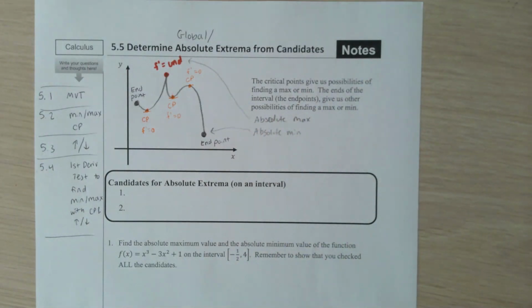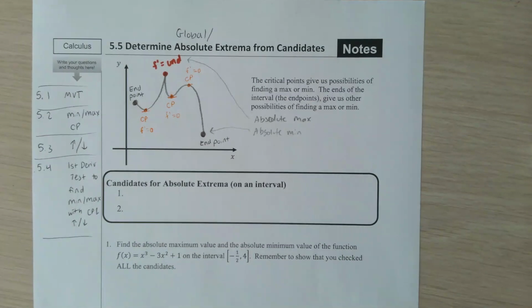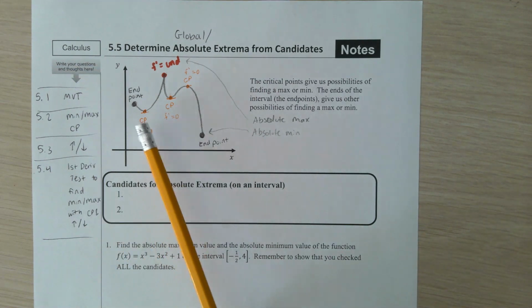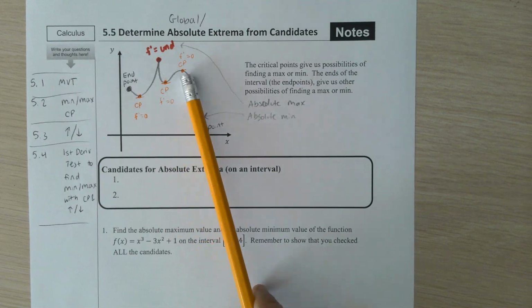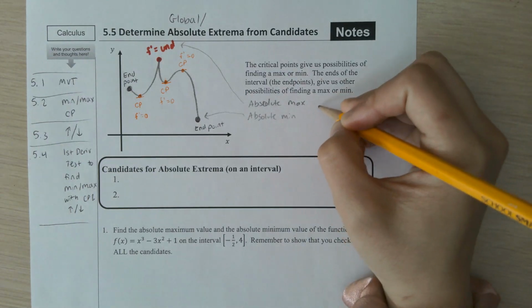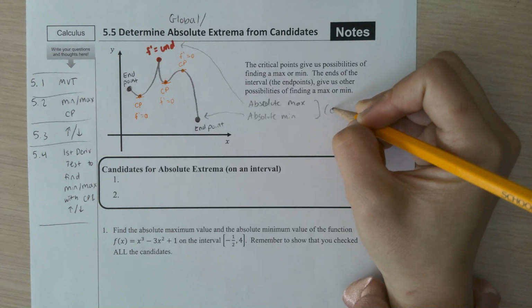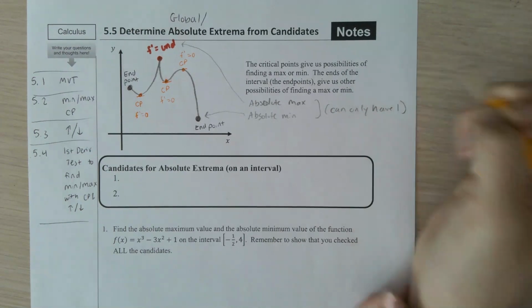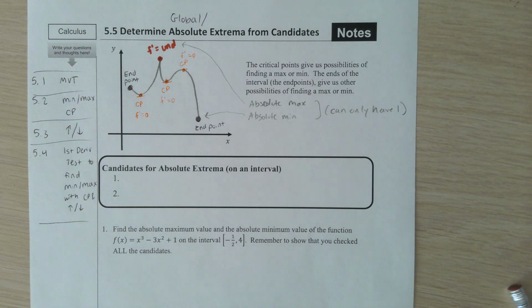So the whole point of 5.5 is we're differentiating between just any old max and min and the absolute one. In 5.4 we would be able to say min, max, but now we're going to be able to say, is it absolute or not? Is it the overall minimum or the overall maximum? Let's just make a note, can only have one. Hopefully that's obvious, but some people forgot.